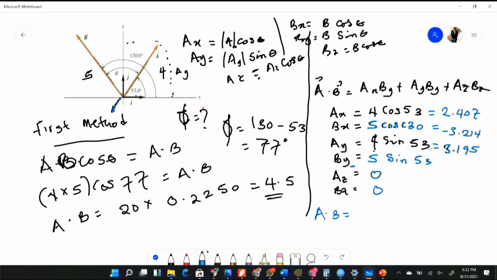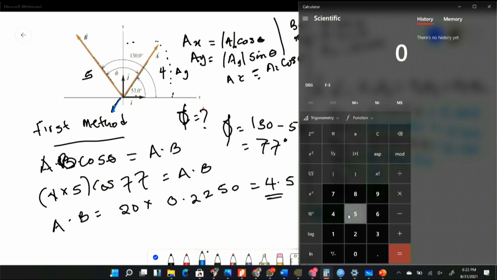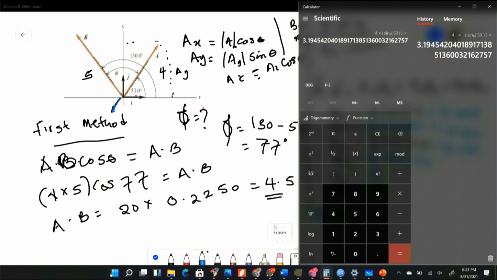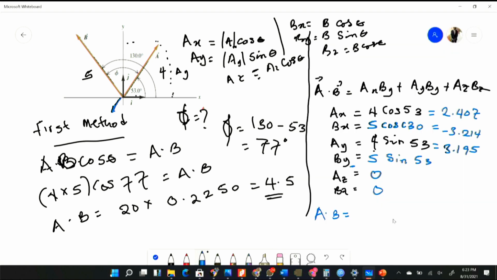You can confirm that by pressing the calculator. So we have 4 multiplied by, you can open the bracket for our precision, sine of 53. We close the bracket and everything should give us 3.195. So we are close, we are correct.